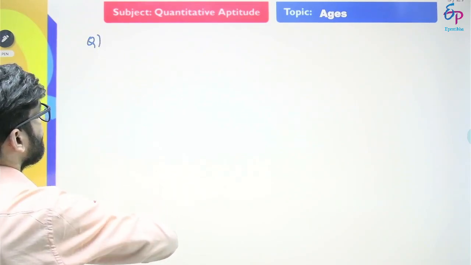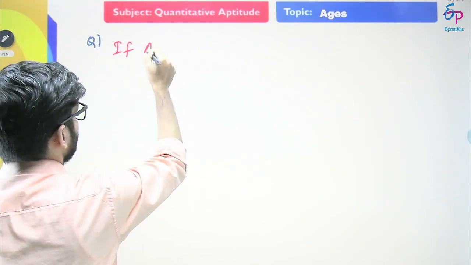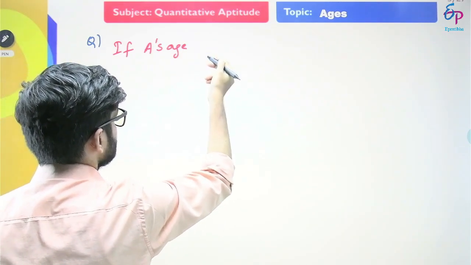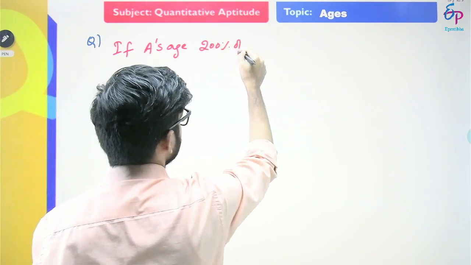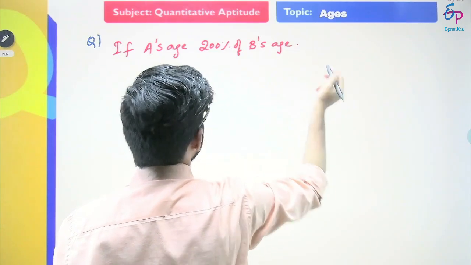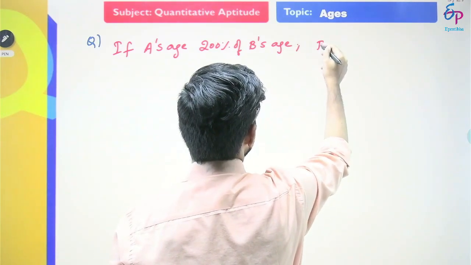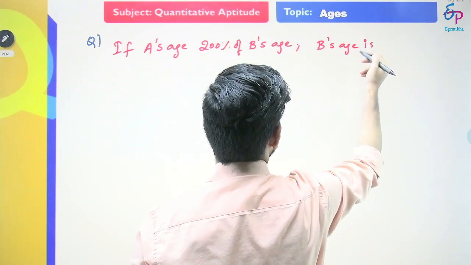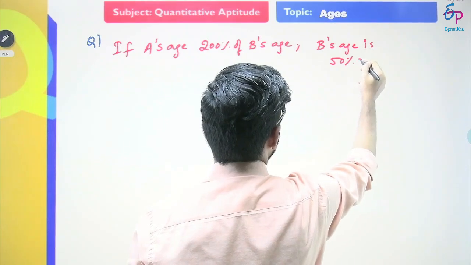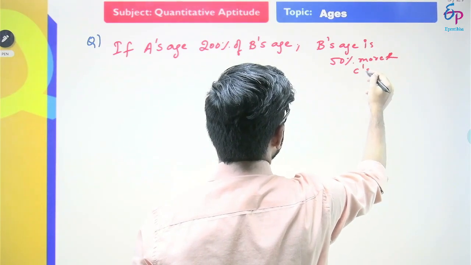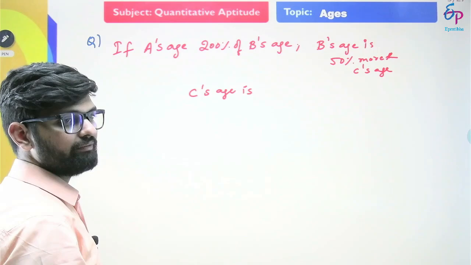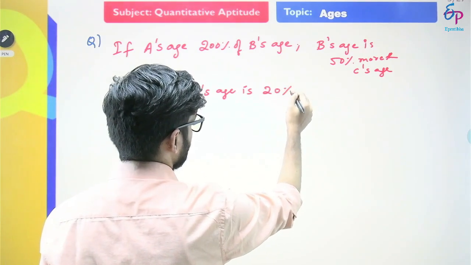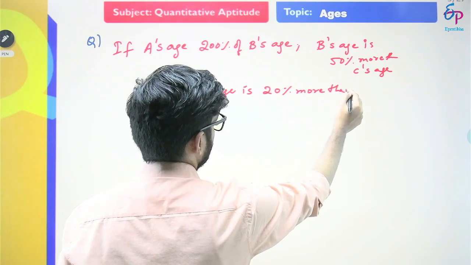Next, suppose I give you one more question, question number 3. If A's age is 200% of B's age, and B's age is 50% more than C's age, and C's age is, let's take one random value, 20% more than D's age.